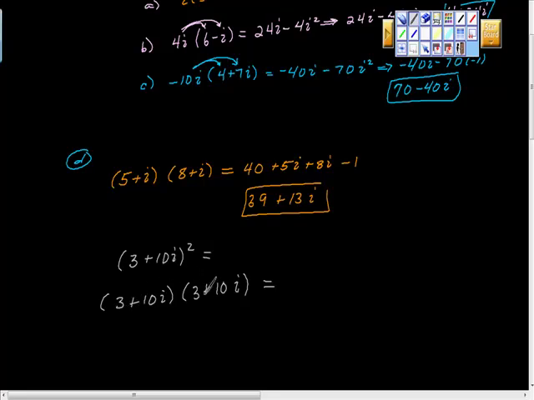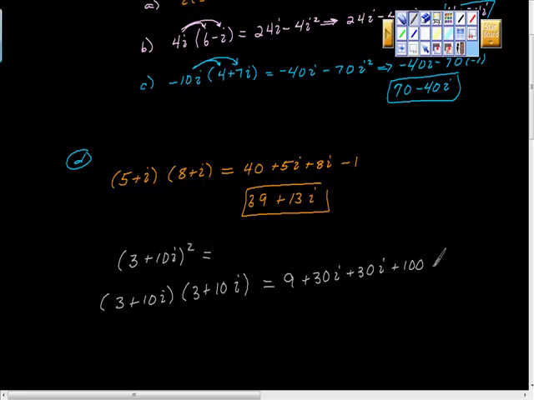So we have 3 times 3 is 9, right? 3 times 10 is 30i, is that right? Check on my math here, 30i. 10i times 3 is 30i again, isn't it? And 10i times 10i is 100i squared. What do you want to do with this i squared here?